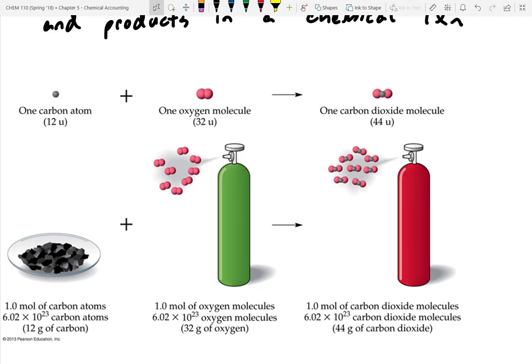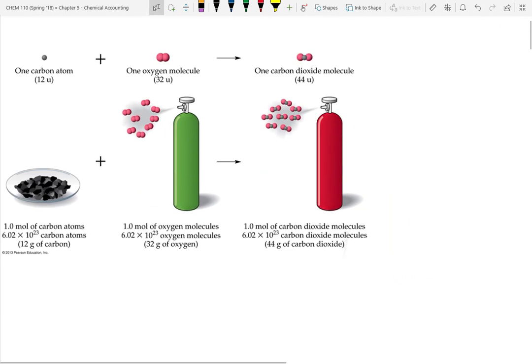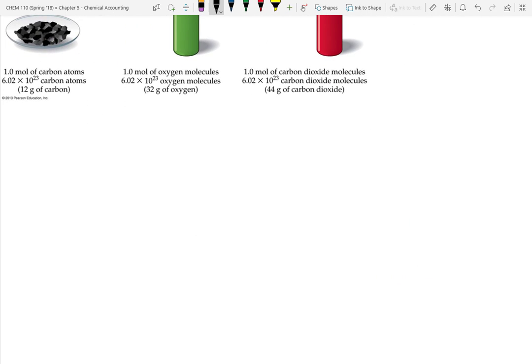So let's start with an example, and we'll work through a few practice problems here. In our first example, I'm going to take silicon dioxide and hydrofluoric acid. How many people have seen Breaking Bad in here? Yeah.